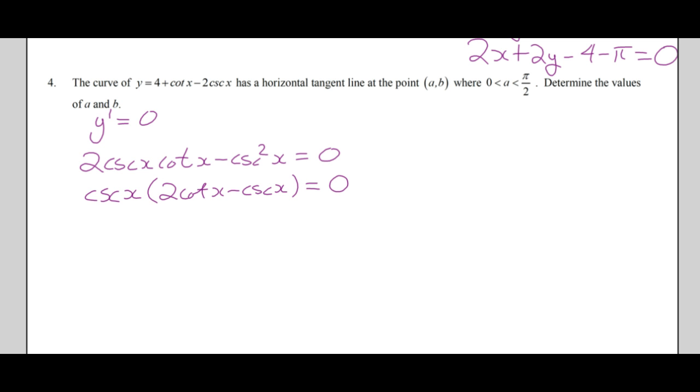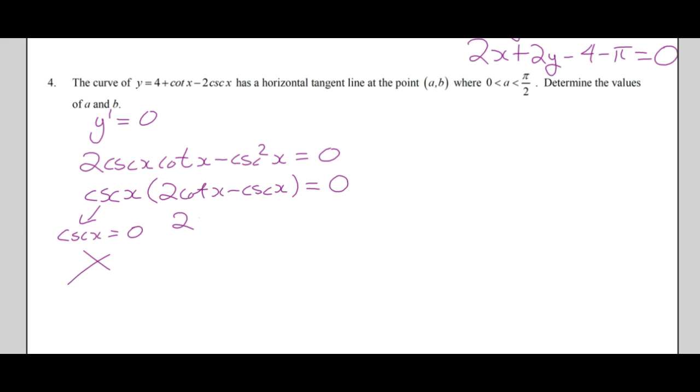When does that happen? It's never, right? Remember your secant, cosecant graphs? They don't hit 0. They're from 1 up and from -1 down. So that means that 2 cotangent minus cosecant must equal 0.